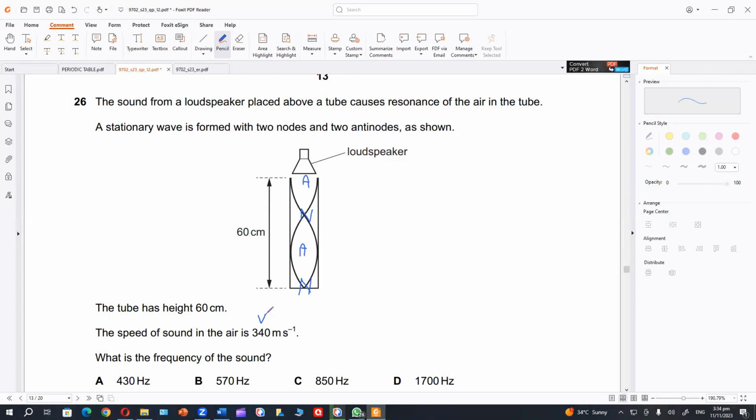Node to node is lambda by 2 and node to antinode is lambda by 4. So how much will this total be? 3/4 lambda.